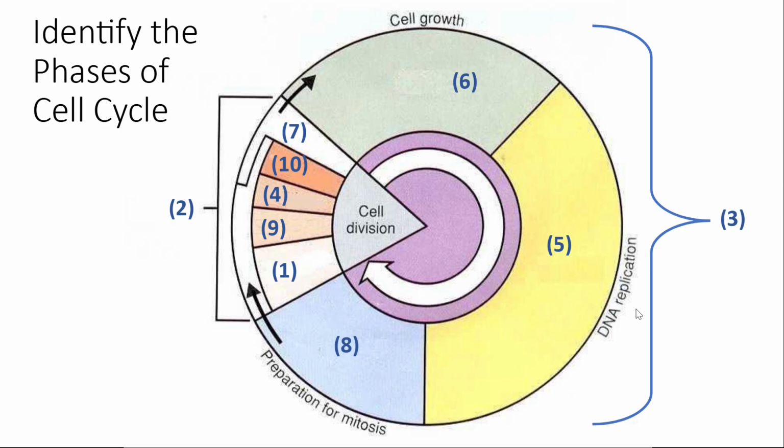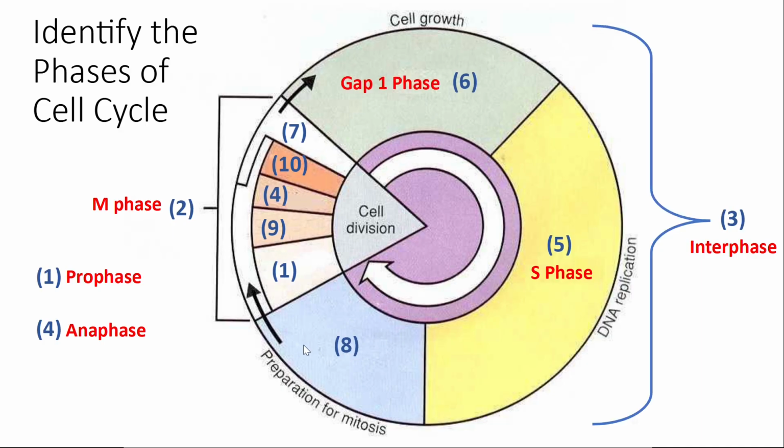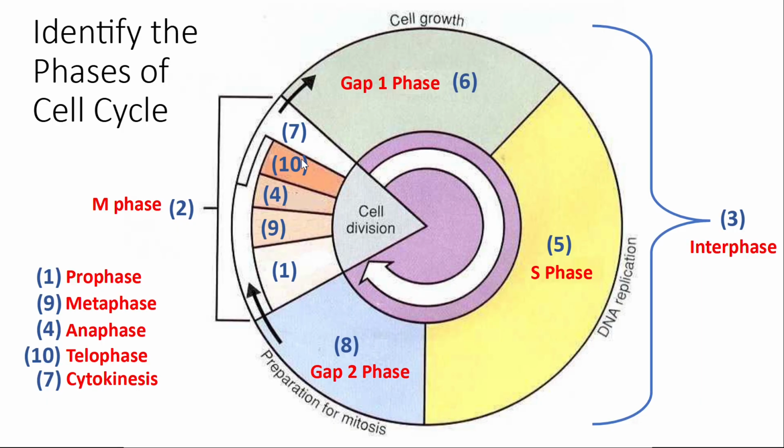Number 1 is prophase, number 2 is M phase, number 3, the whole of this, is the interphase stage, number 4 is the anaphase stage, number 5 is the S phase, number 6 is G1 phase, number 7 is cytokinesis, number 8 is G2 phase, number 9 is metaphase, and number 10 would be telophase. So it's very familiar.